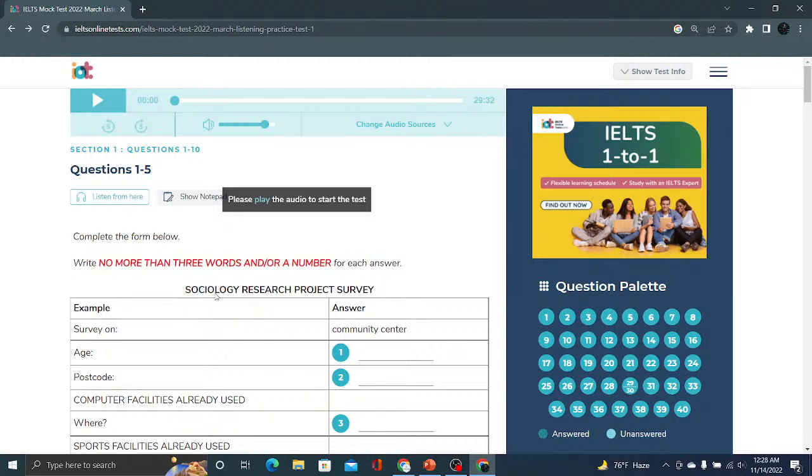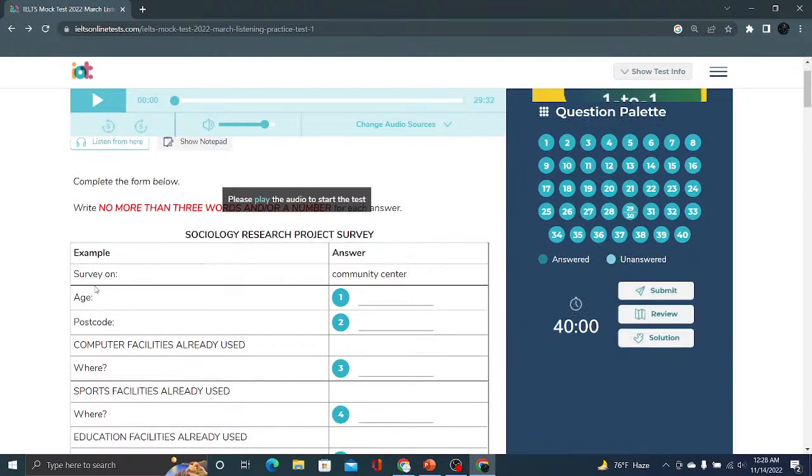The headline is sociology research project, research project survey. This is a sample question, we just need to listen to it. Okay, so let's listen first to this example.